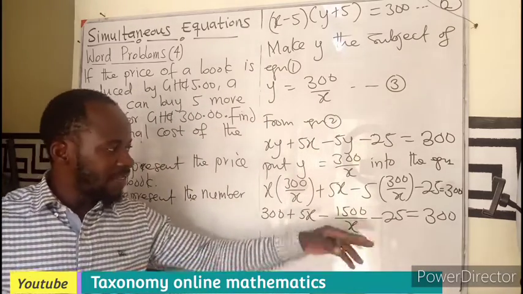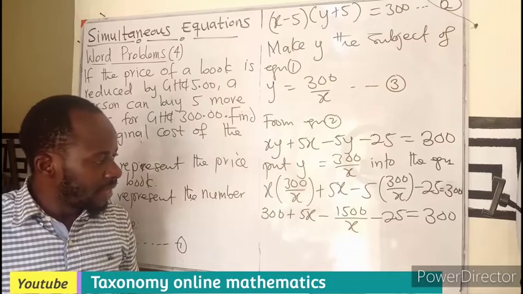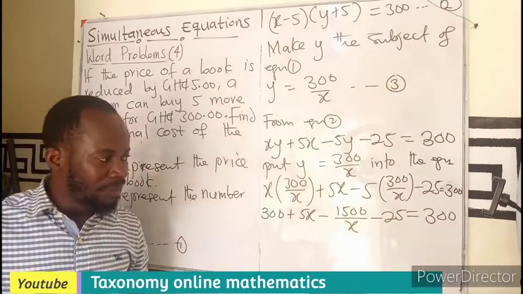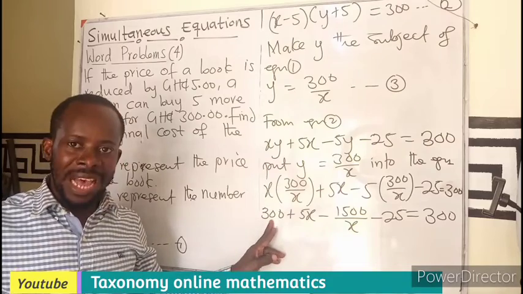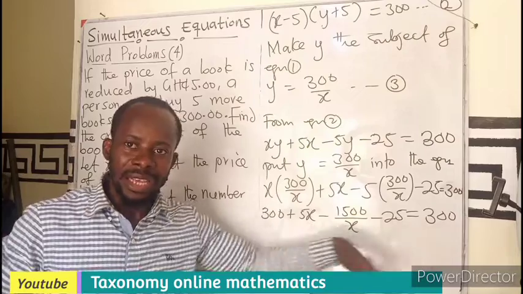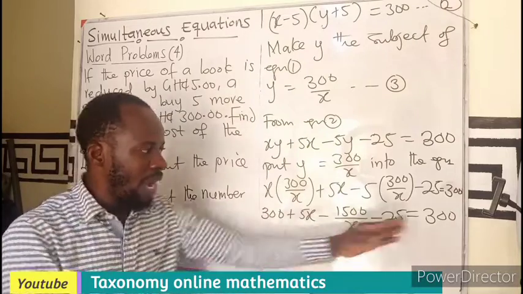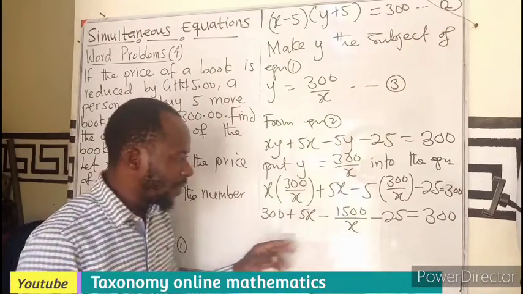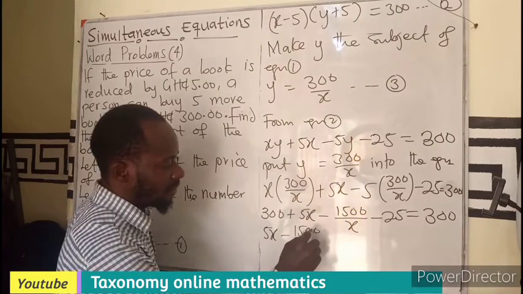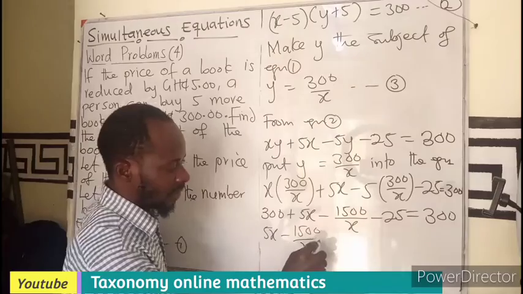I'm seeing x, x, x, so I can easily group items. I'm seeing constant, constant, so I'll group items. Don't forget this is at the left, this is at the right. So if this moves there, 300 will cancel 300. I'll only be left with 5x minus 1500 over x.